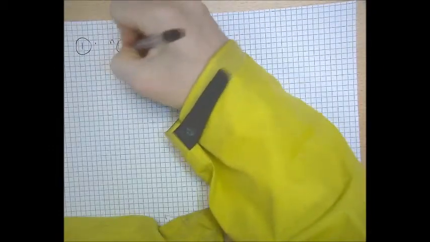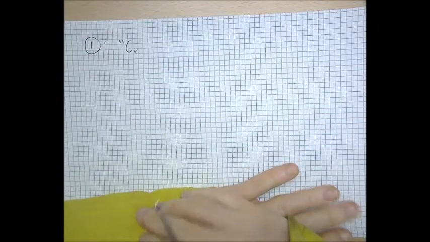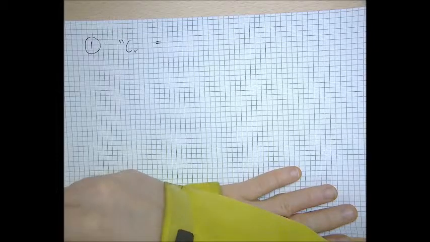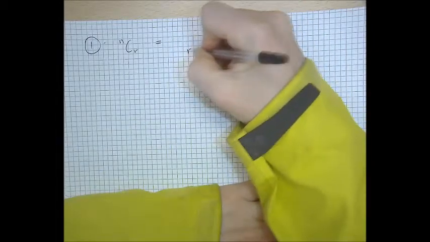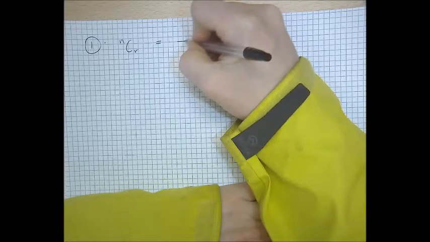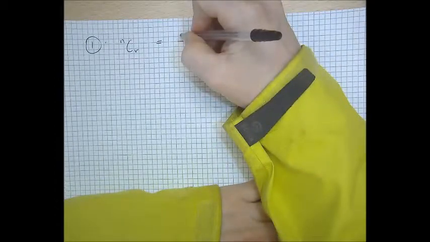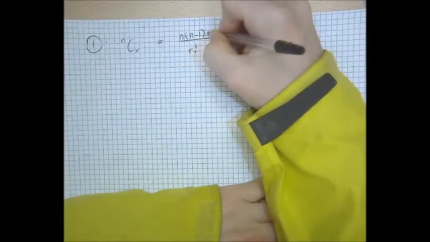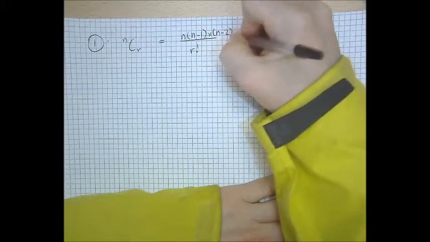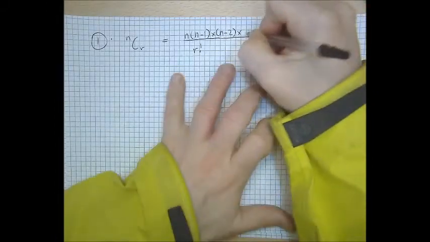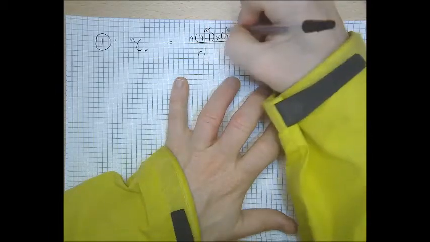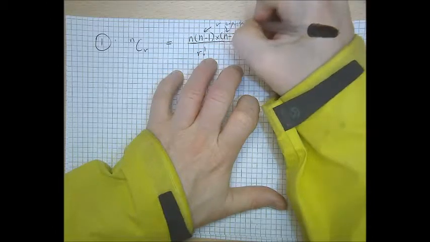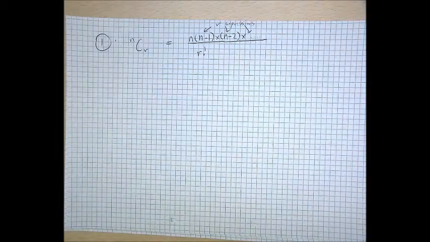So nCr, which I've told you can be done on a calculator, can also be done by this formula here. Now this is a pretty rubbish formula, but it's the best that I can do.